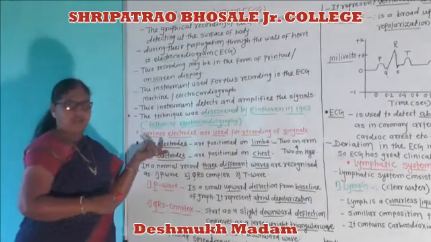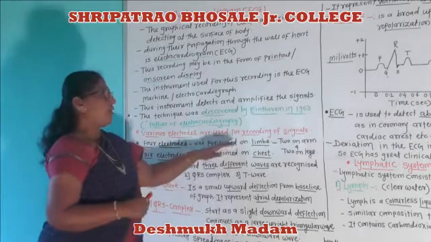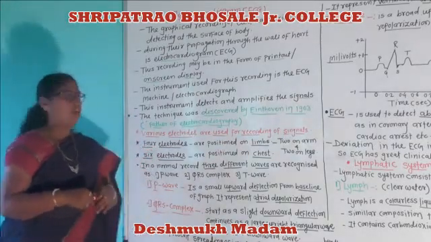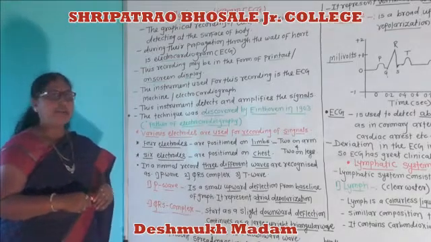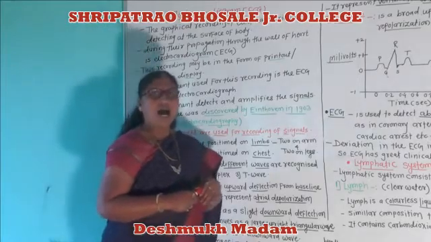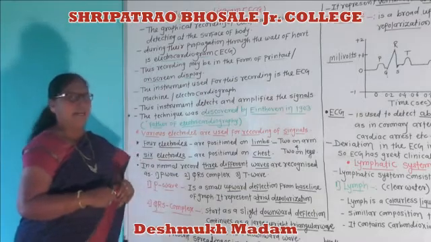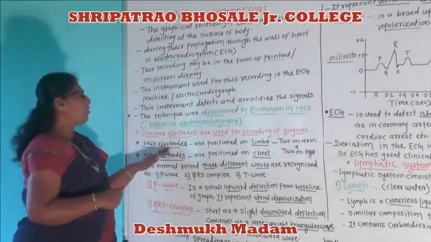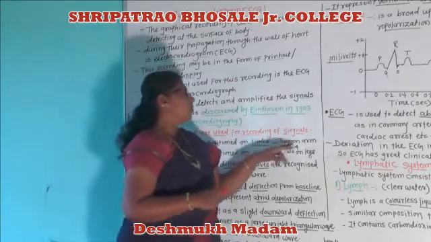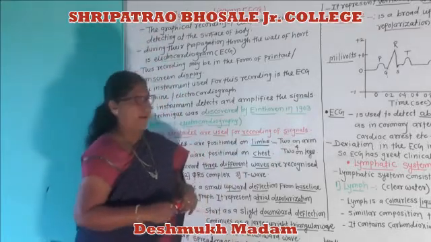Four electrodes are positioned on the limbs: two on the arms and two on the legs.